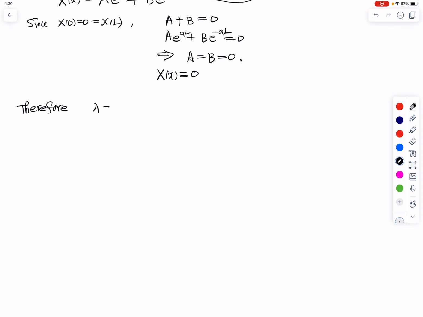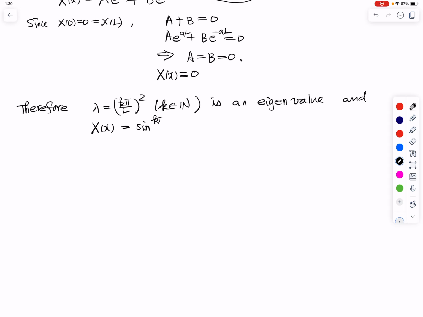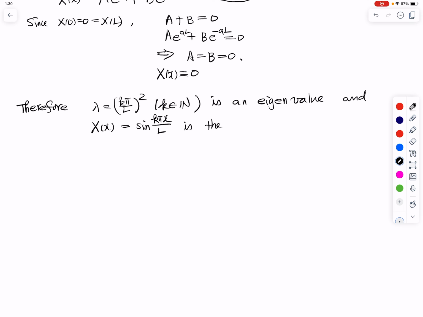So lambda equals k pi over L squared, with k a natural number, are the eigenvalues, and X(x) equals sine k pi x divided by L, with b a constant, is the corresponding eigenfunction, because this is a non-zero solution.